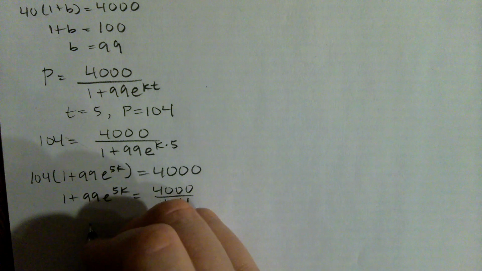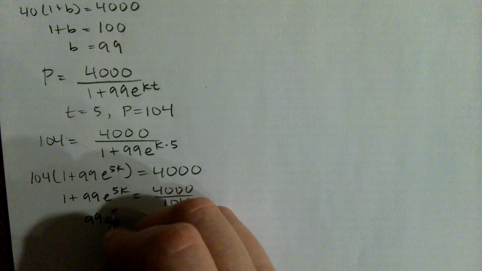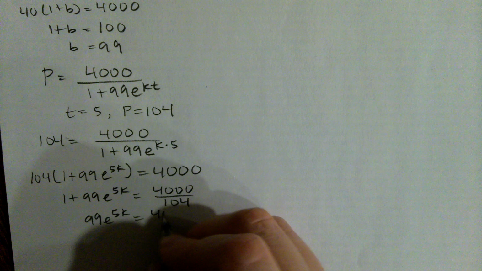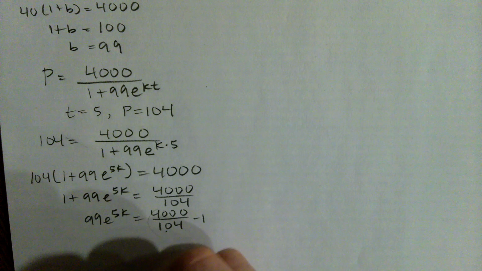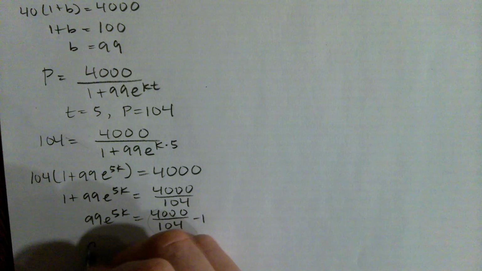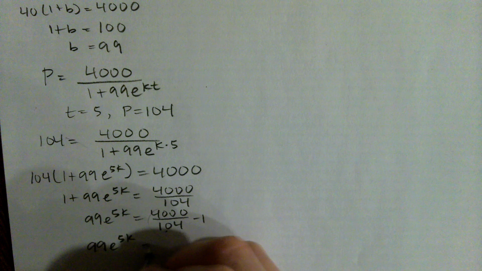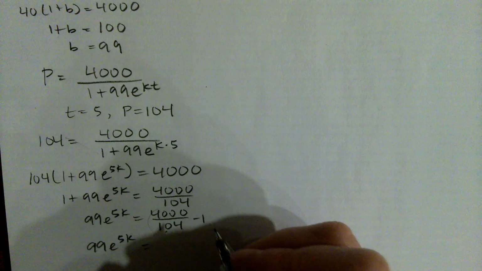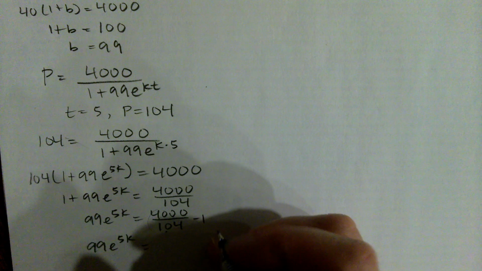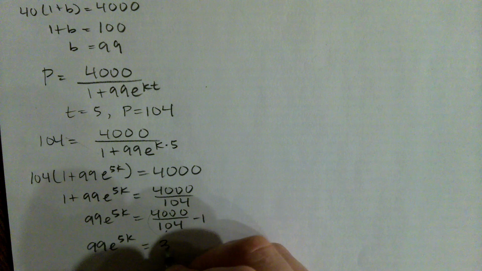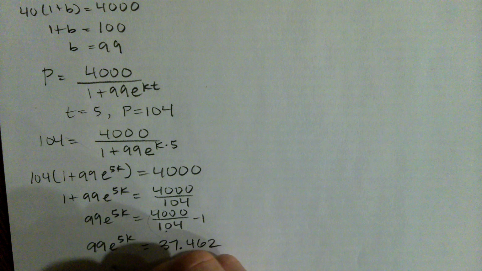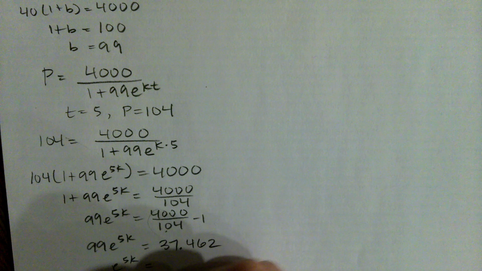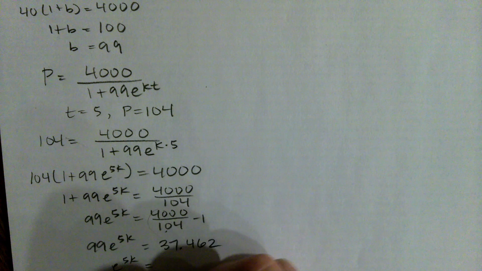And then we'd subtract 1, and then we'd have to divide by 99. At this point, I need to probably just come up with a number here. So let's say 99 e to the 5k, and I think I got a number for that before. I did. It was about 37.462. And then I divided by 99, and I got a different number.